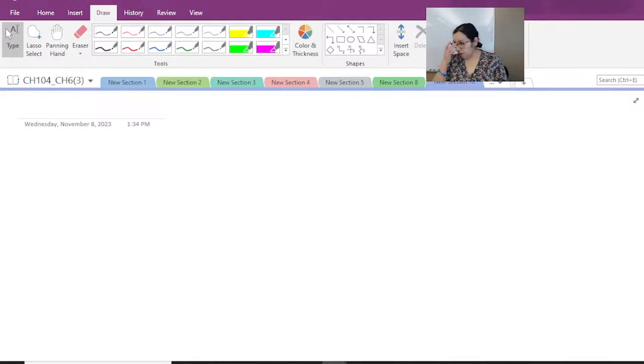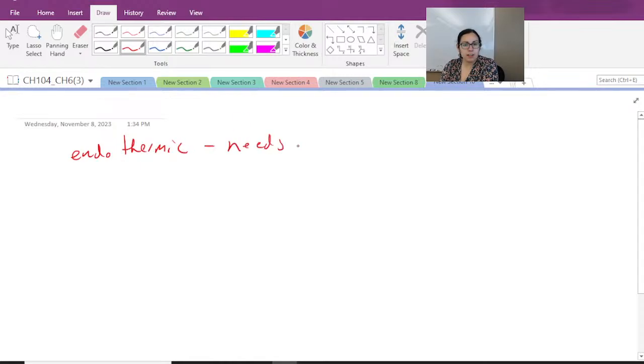And so part of this Le Chatelier's principle is that we can treat heat as either a product or a reactant. So if it's an endothermic reaction, we said that it needs energy.